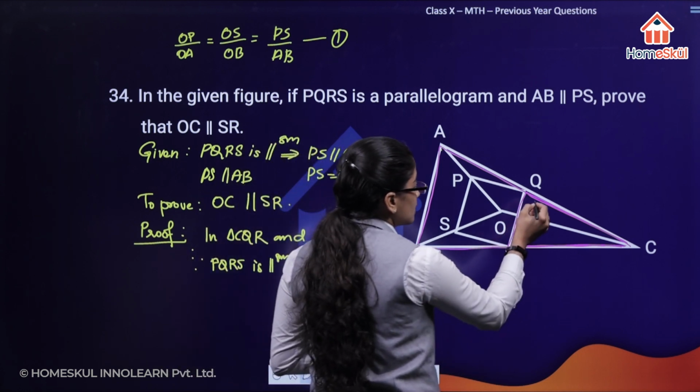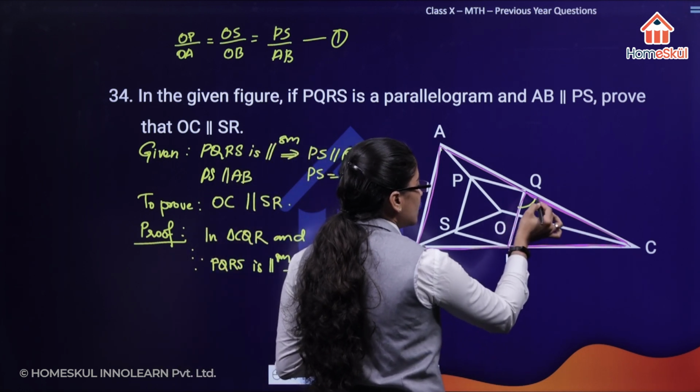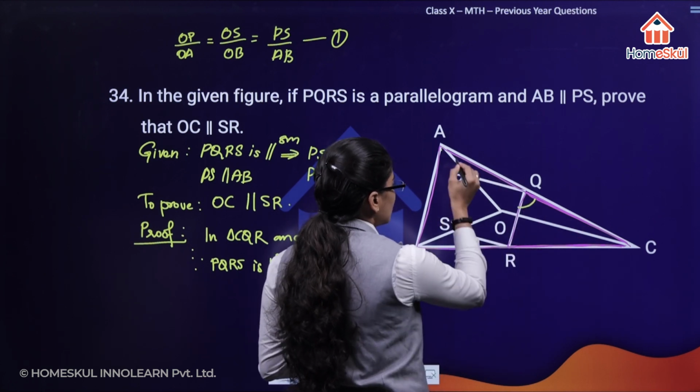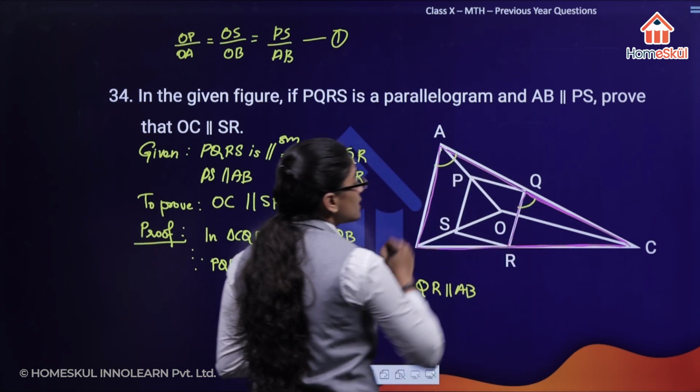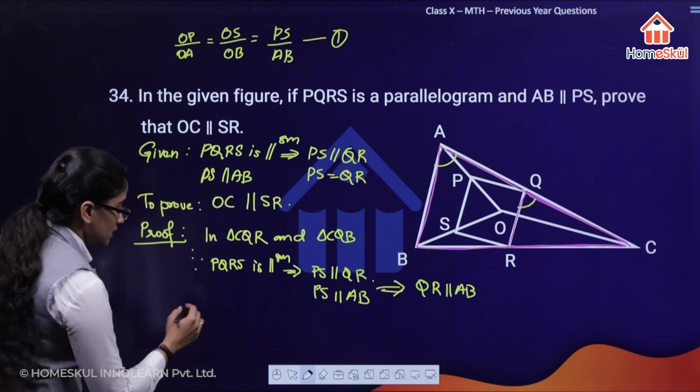There also, we could consider these two angles. That means, angle CQR and angle CAB are equal. Why? They form corresponding angles.